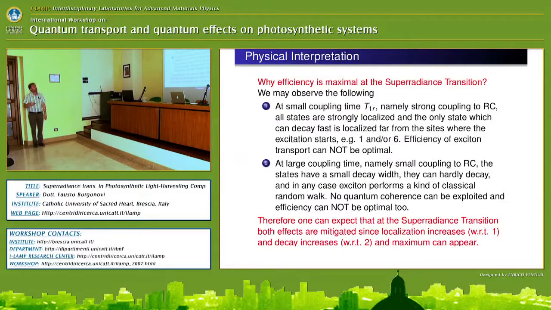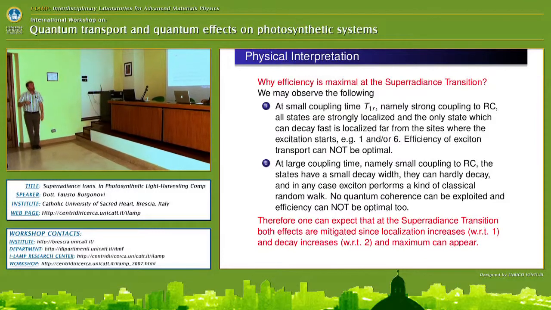On the other side, when we have a small coupling to the reaction center, all the states have a very small decay width. We are thinking about this problem in terms of superradiance. So they can hardly decay, since the decay width is very small. And in any case, the exciton, as we have already seen, is performing some kind of random walk, some classical walk among excitons.